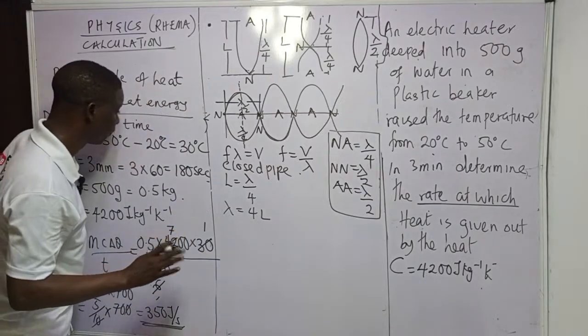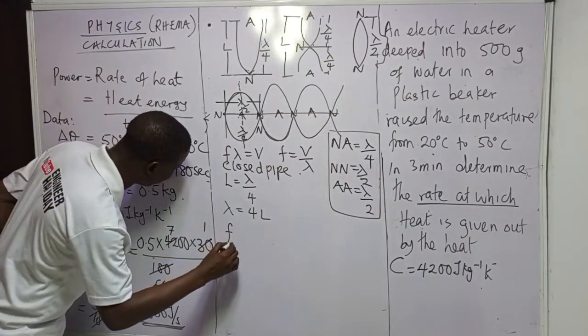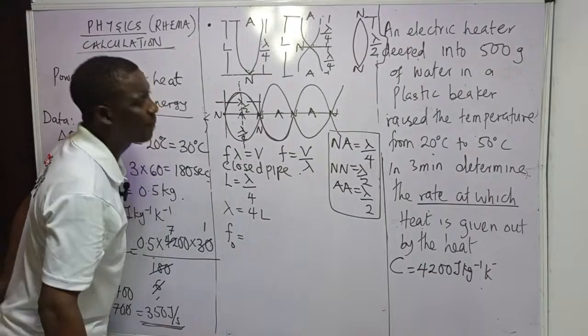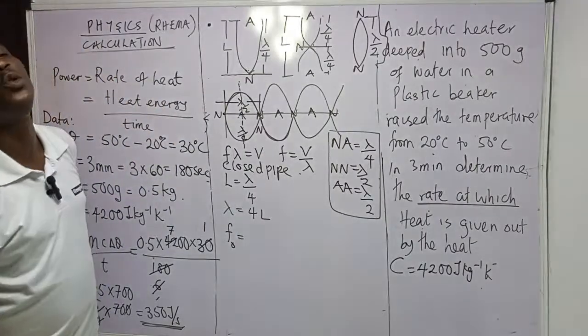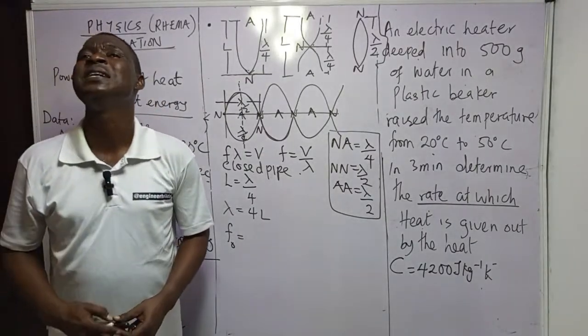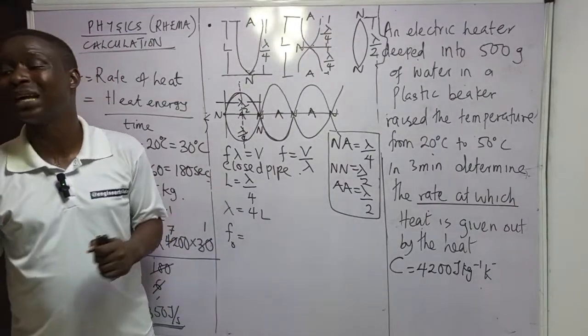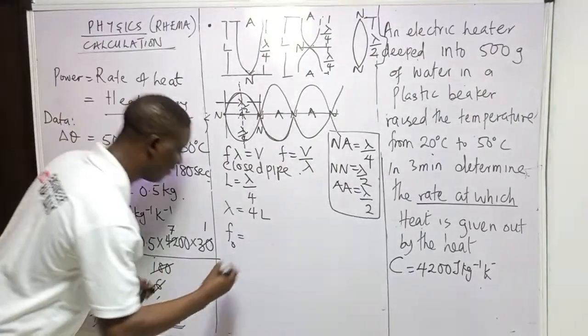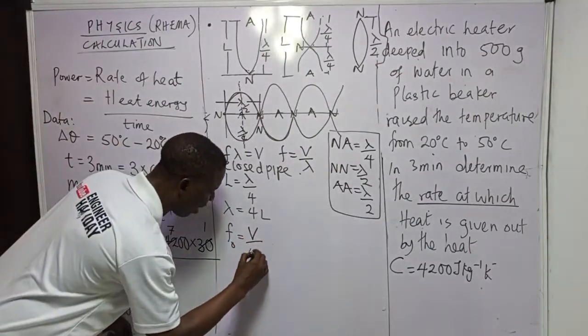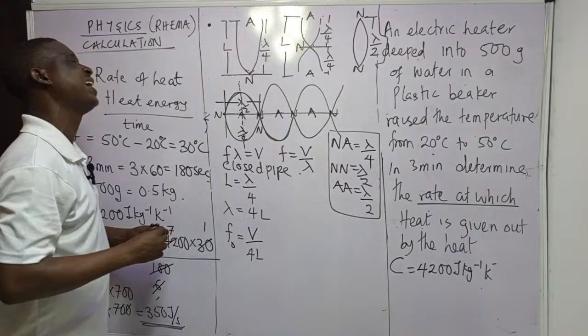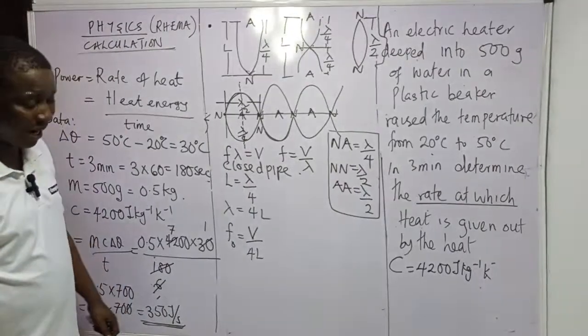Class, listen on. The fundamental frequency is the lowest or first frequency observed when a particular pipe undergoes resonance. So v over 4L is the first frequency that will be produced.